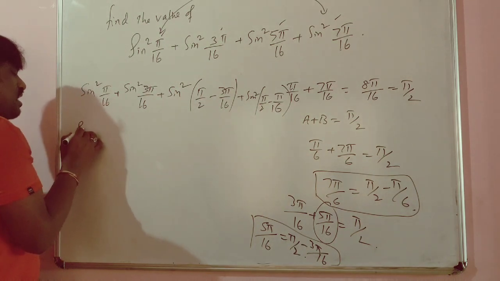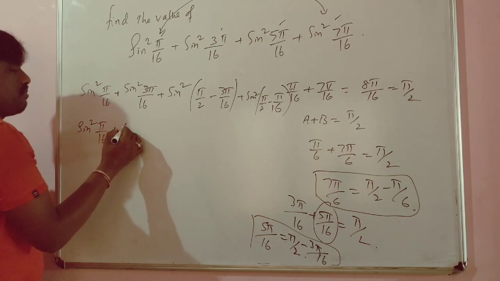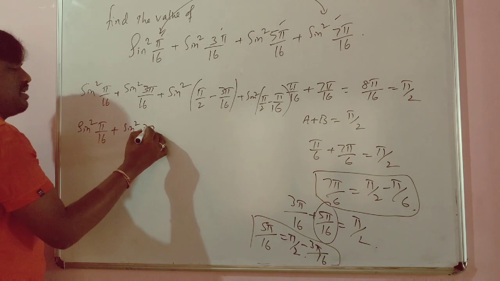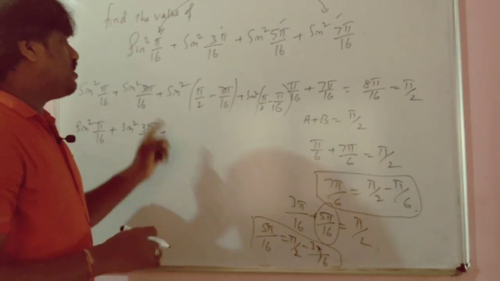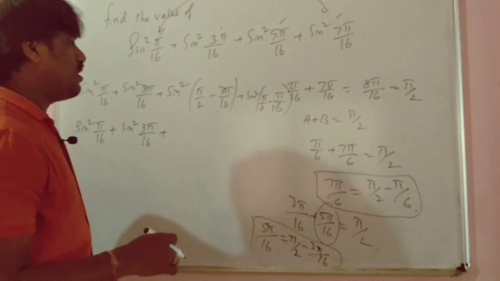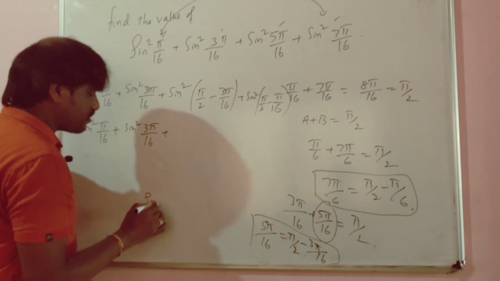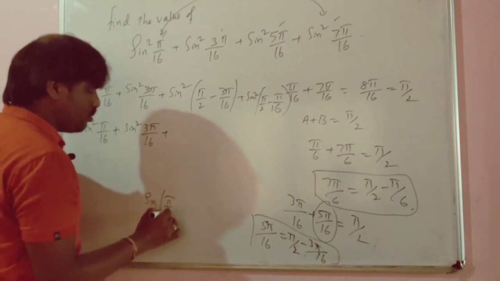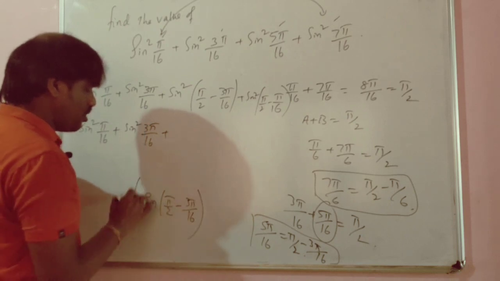So I am going to get sine square pi by 16 plus sine square 3 pi by 16 plus, and see this one, sine square means the whole is squared. So sine of pi by 2 minus 3 pi by 16, the whole square.